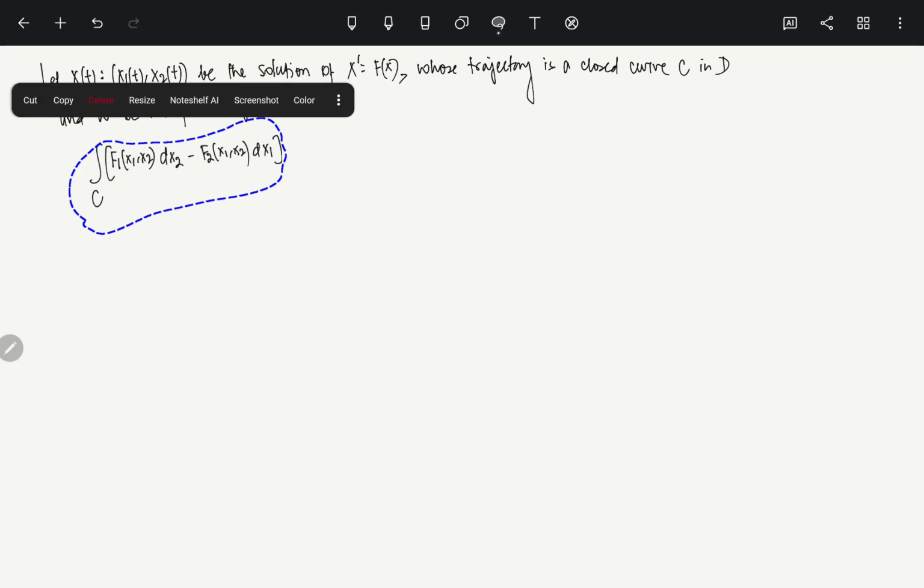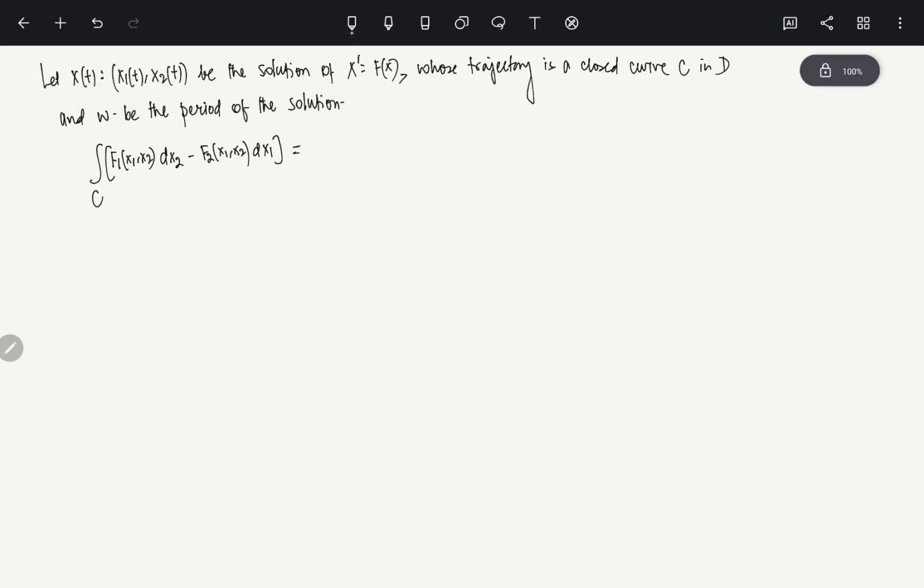So we have this particular thing equals the integral from 0 to w, that's the period, of f1(x1(t), x2(t)) dx2/dt minus f2(x1(t), x2(t)) dx1/dt.